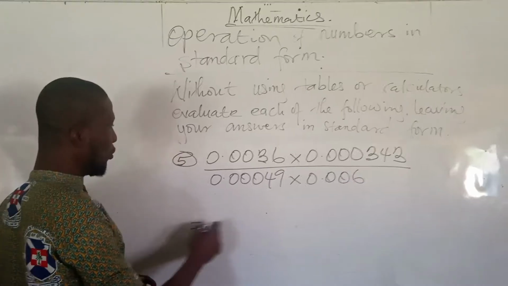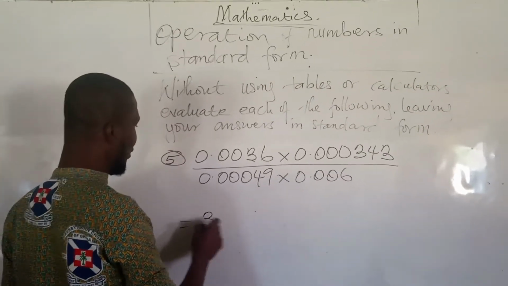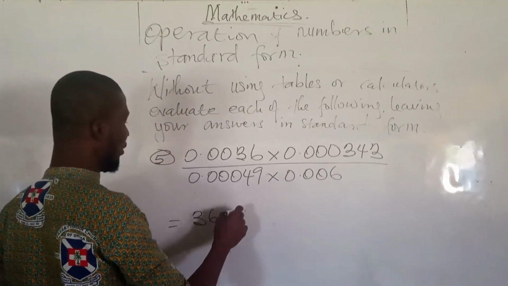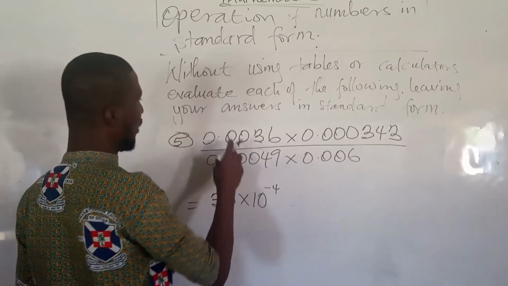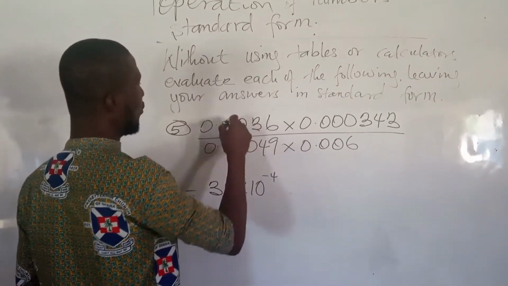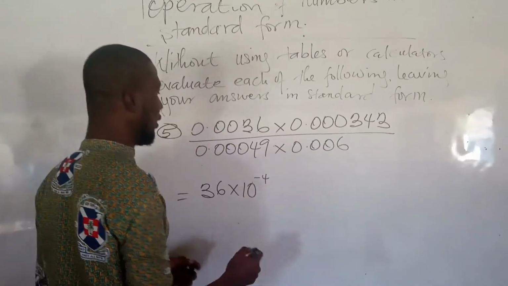That means this is going to give us 36 times 10 exponent negative 4, because you have to move the point 1, 2, 3, 4 places to get our 36.